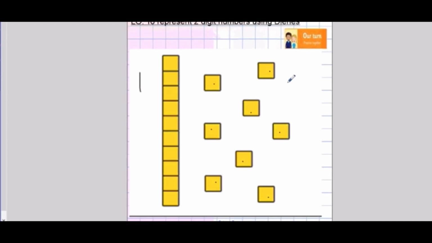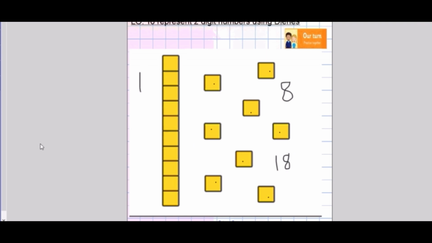We have got 8 ones. So our 2-digit number is, well done, 18. A 1 and an 8.